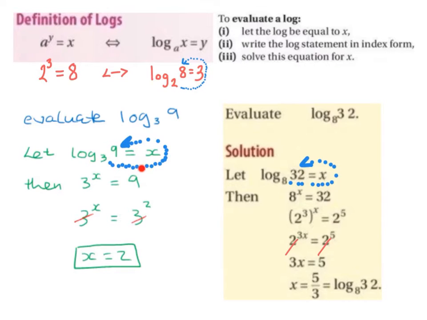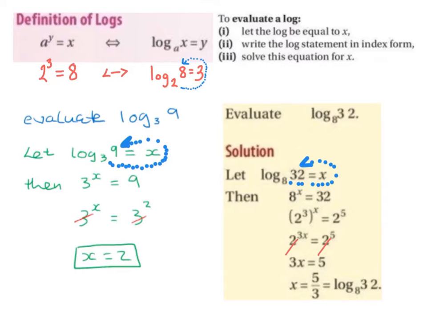So 3 to the power of x is equal to 9. Now all we have to do is rewrite the 9 with a base of 3, which is going to give us 3 squared. And then we can cancel out the 3's because the bases are equal, and we can equate the indices. So it's just going to be x equal to 2.